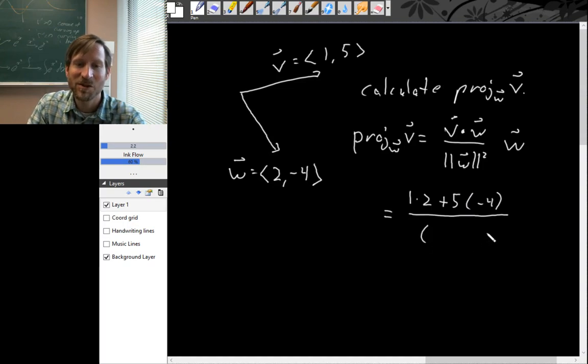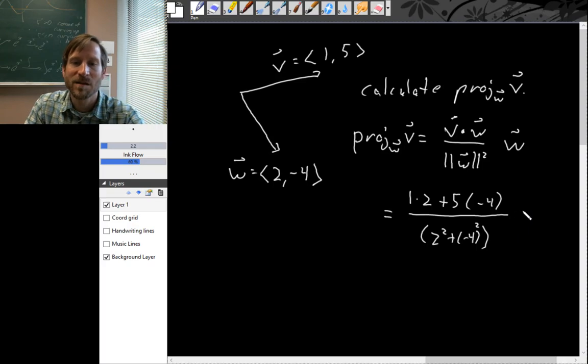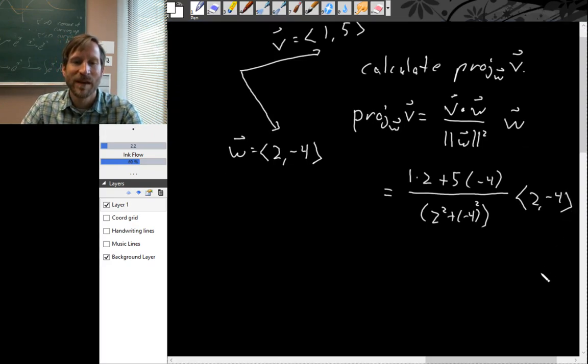The magnitude of w squared is the magnitude formula but without the square root, so that's 2 squared plus -4 squared, times w itself, and w is the vector 2, -4.